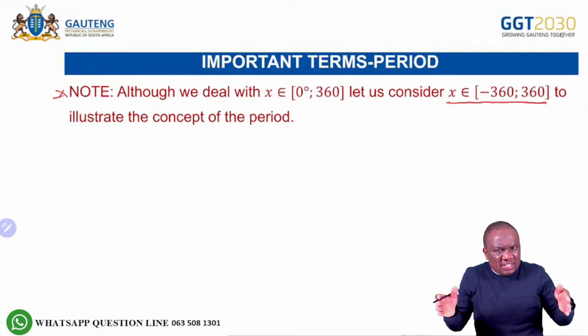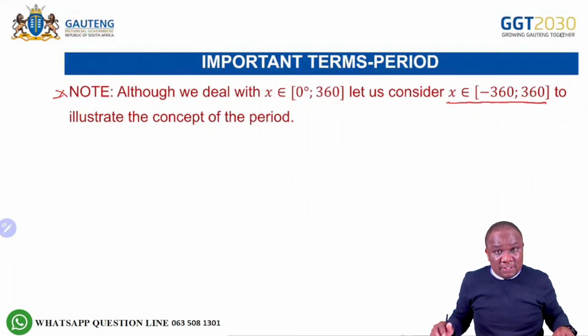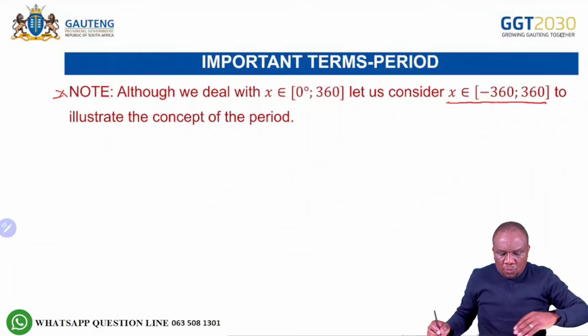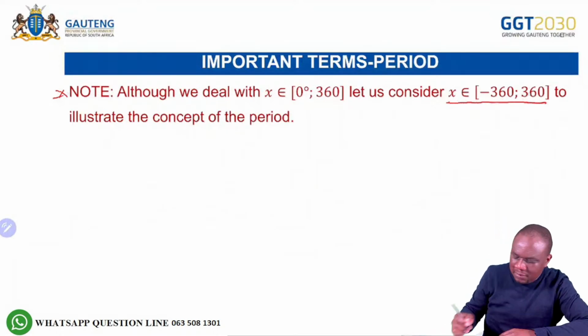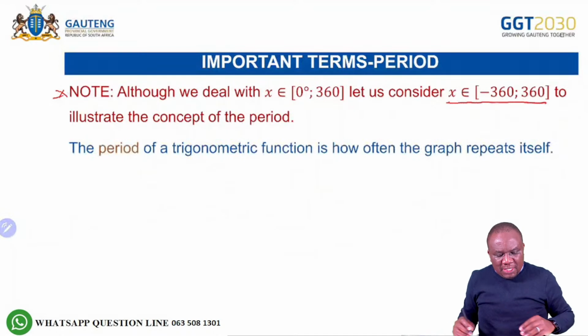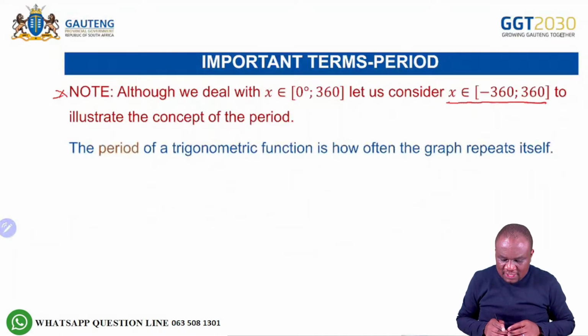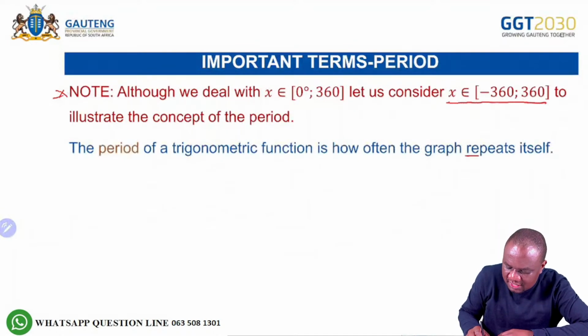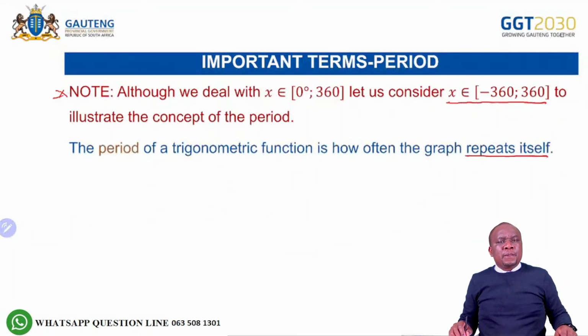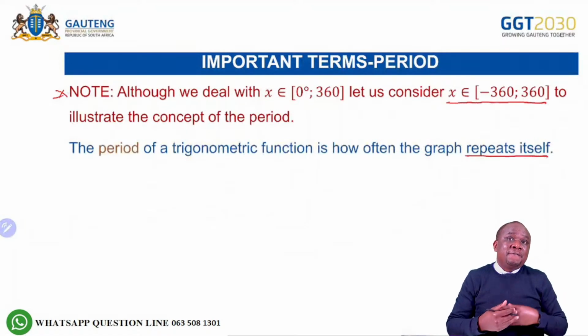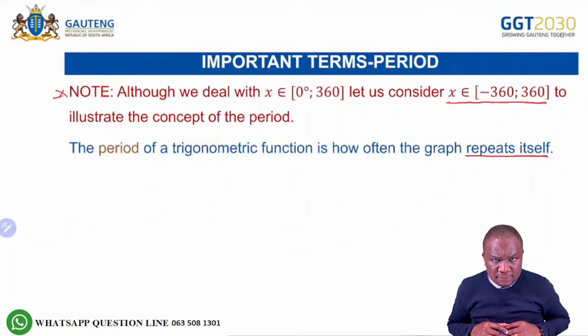Because if I use just 0 to 360, you won't see the repetition. So the period of a trigonometric function is how often the graph repeats itself. It repeats itself after how many degrees?